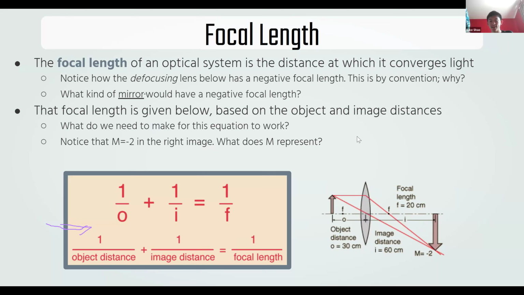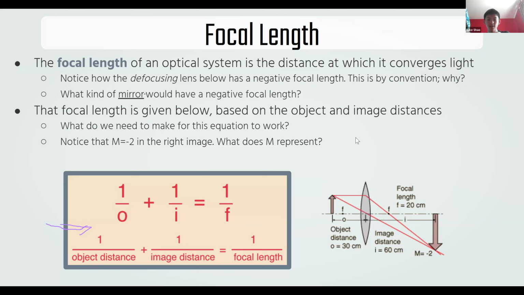So magnification is comparing what two things? Yeah, the size or the height of the object and the image. And it's only negative because it's flipped.